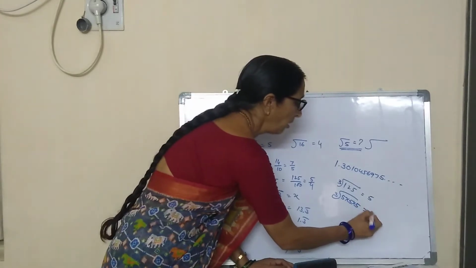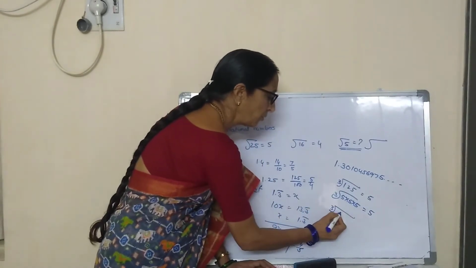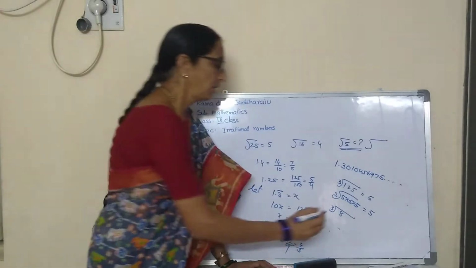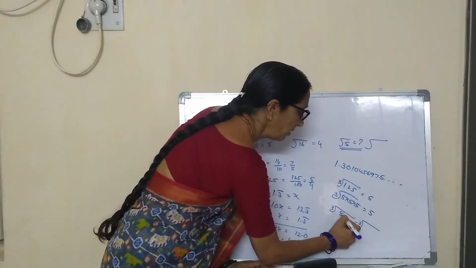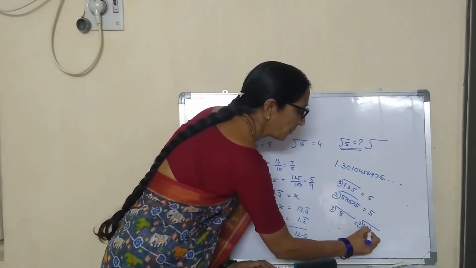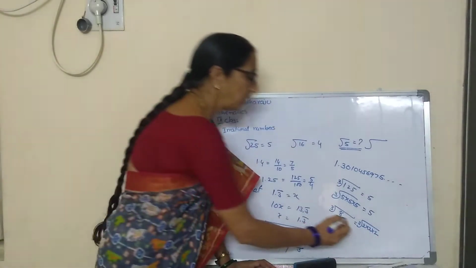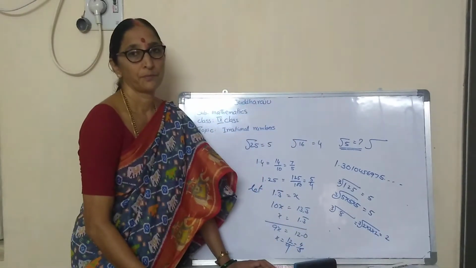So it is 5. Can you find the cube root of 8? Yes, you can, because we can write 8 as the product of three equal factors, and one of the three equal factors is the cube root.